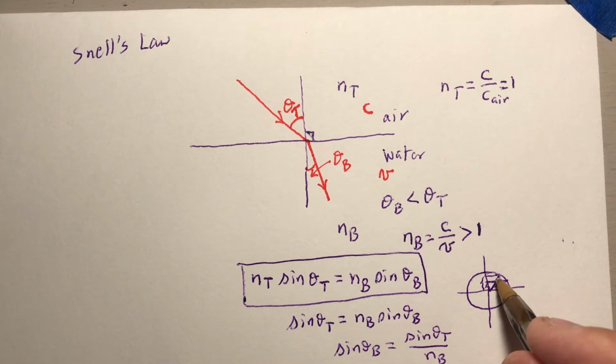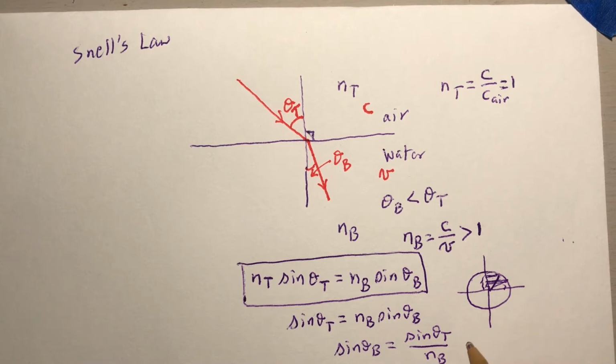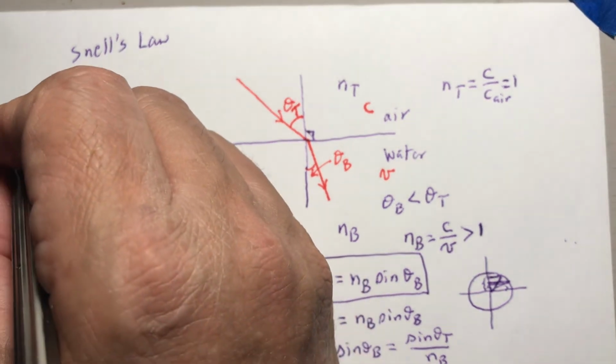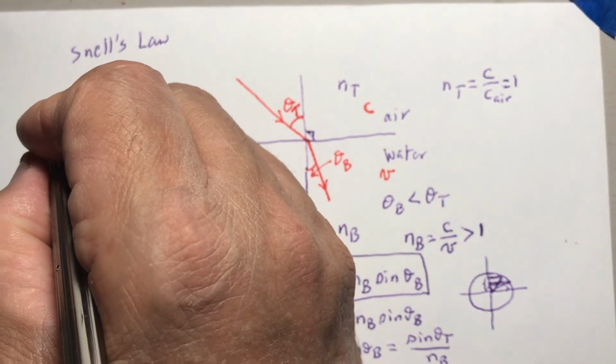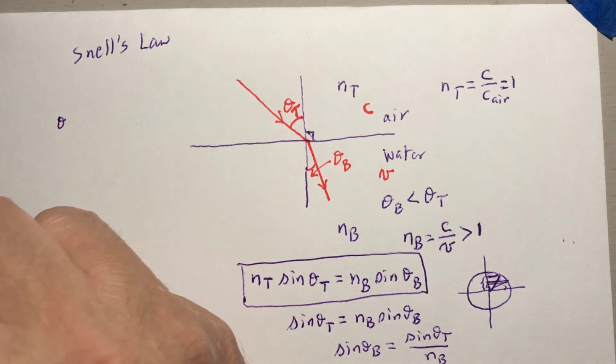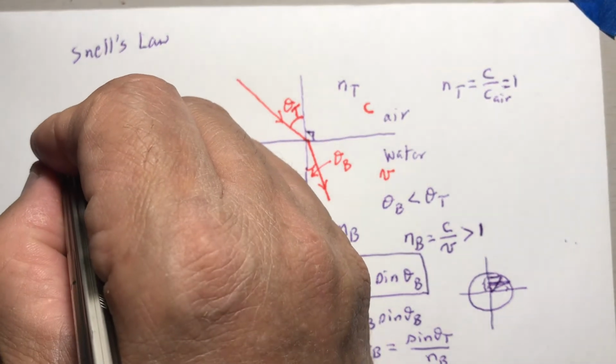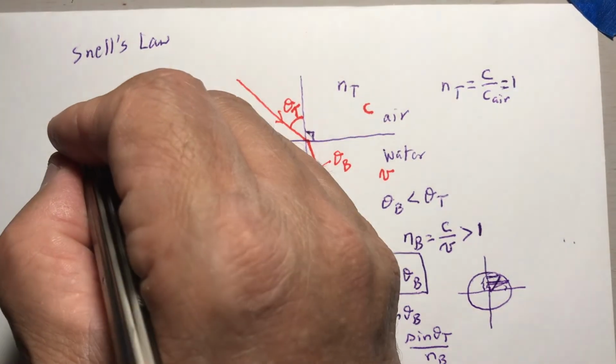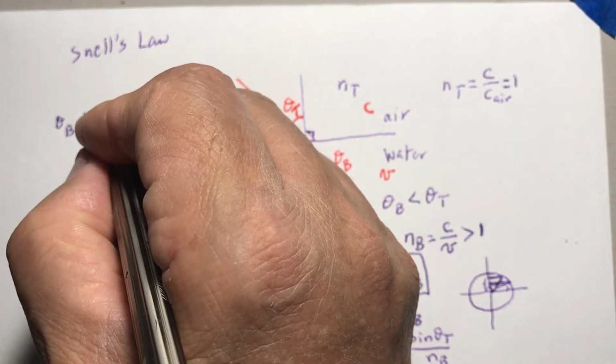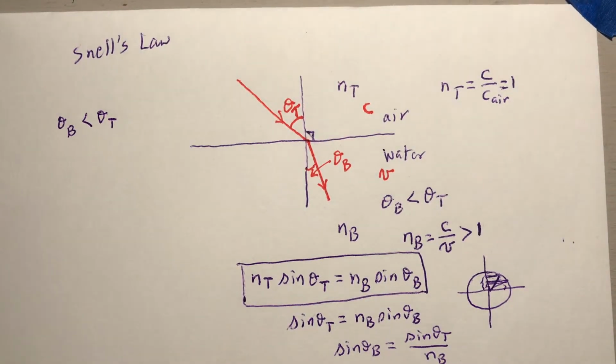This theta here is bigger than the other theta, so the sine is bigger. You can see here the sine of this is bigger than the sine of that. So here, if I come back to this formula, I can say that theta b is less than theta t.